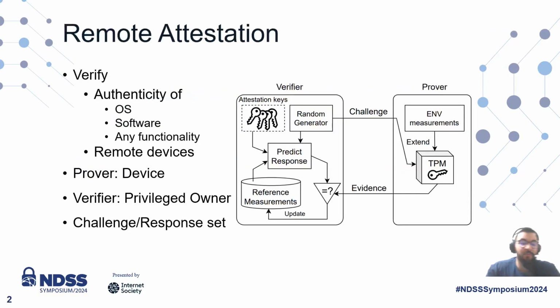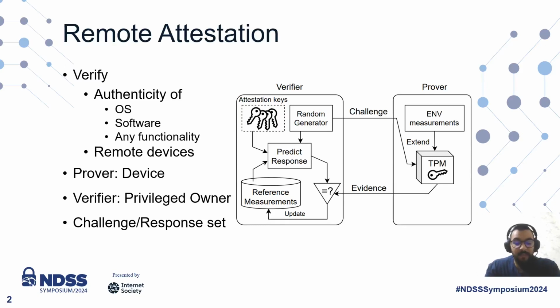Before going through the paper's idea, I'll give you a brief introduction to remote attestation in general. Basically, RA is a protocol in which you, as the owner of the device, want to verify the authenticity of certain parts or functionalities of the device without having the physical access to it.